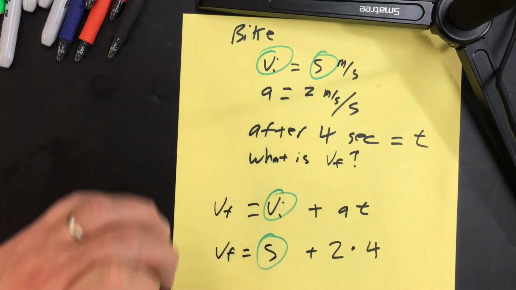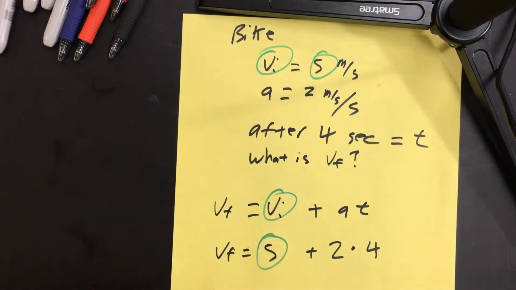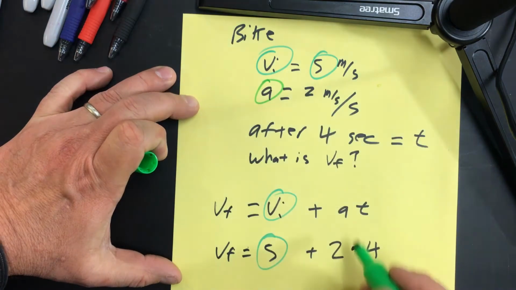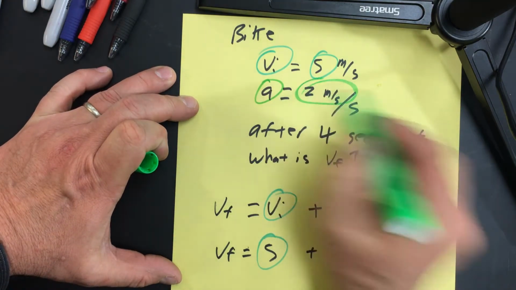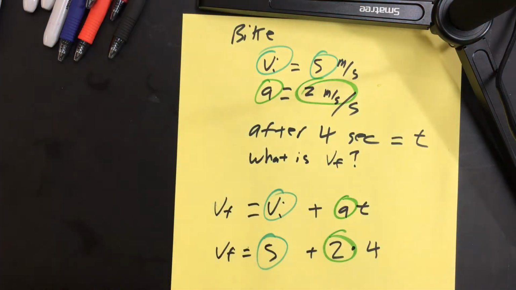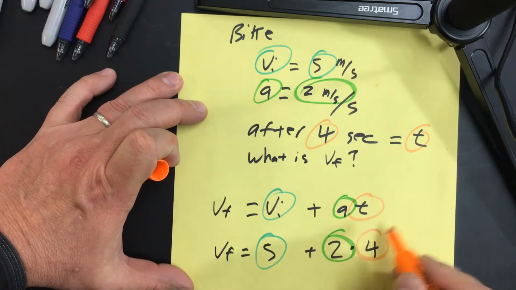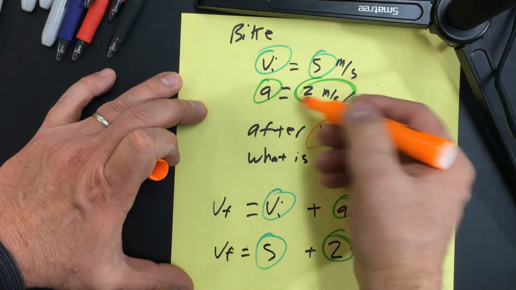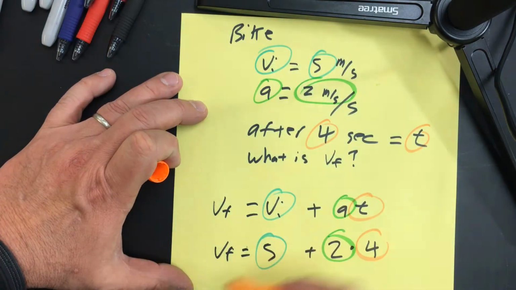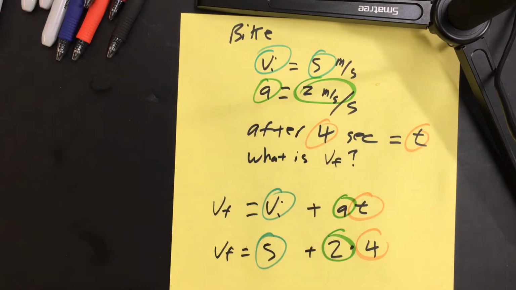So we have v sub i, 5. We have acceleration, 2, and we also have time, 4. So the 4 comes down, the 2 comes down, and now all we have to do is calculate.